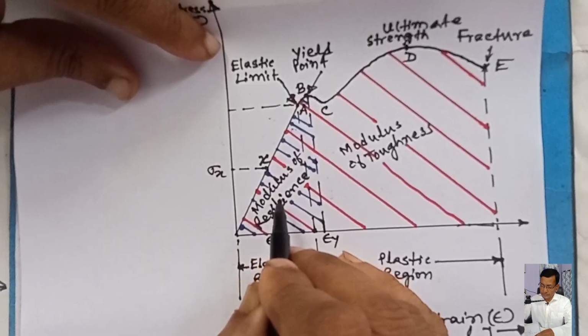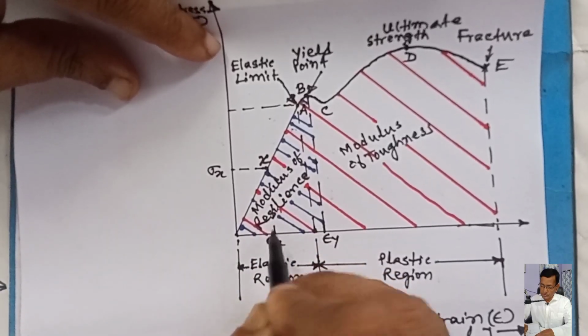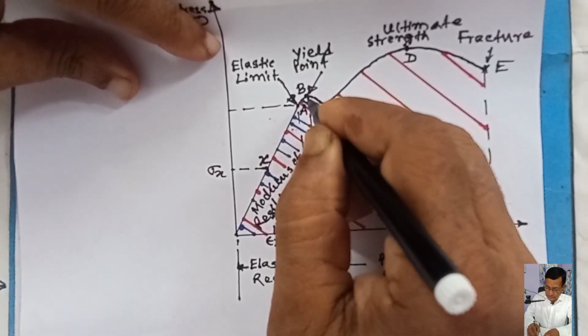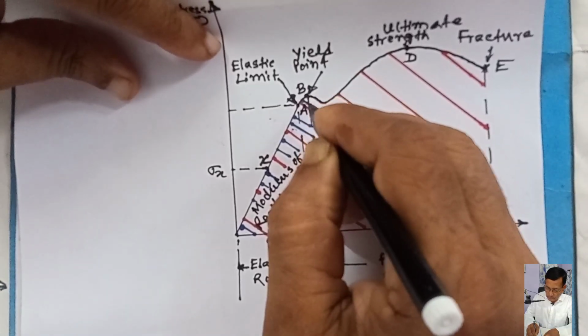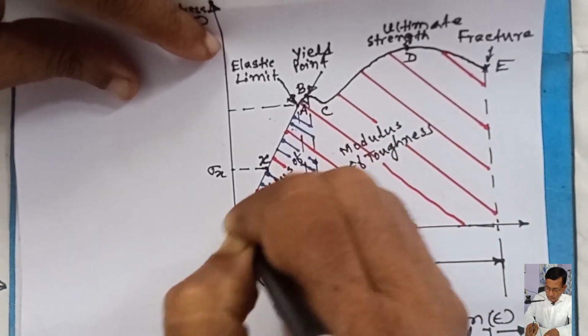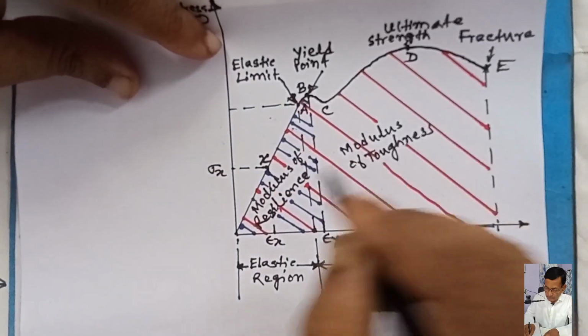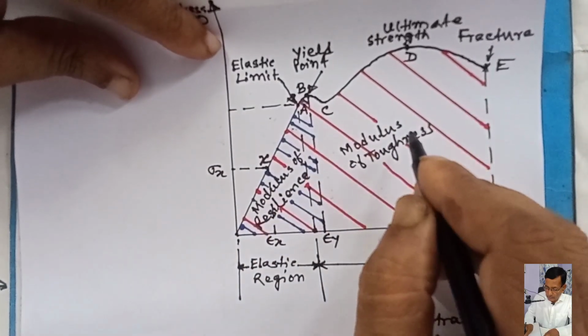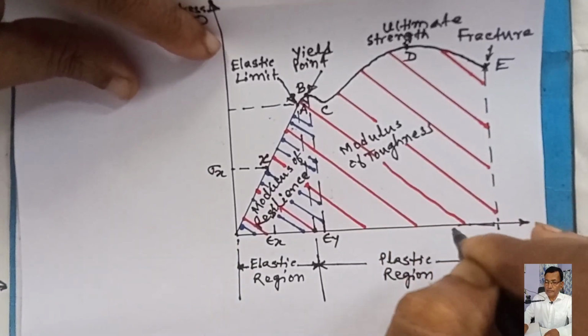The blue hatched area is called modulus of resilience. This area. And the red hatched area, the whole area, is called modulus of toughness.